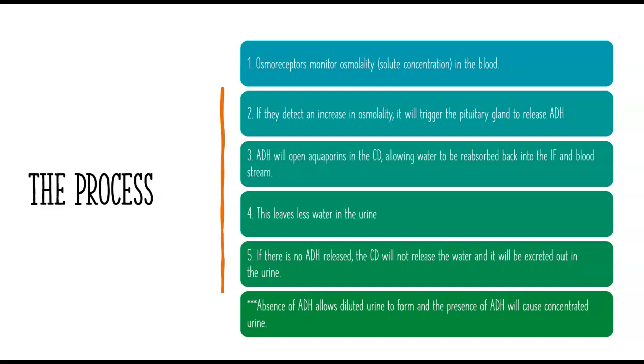So essentially, the absence of ADH will allow dilute urine to form, and the presence of ADH will cause concentrated urine to form because it's pulling the water out of it. It's really a pretty simple process that involves all of those millions of nephrons, plus osmoreceptors, plus your brain with the pituitary gland and the release of ADH.